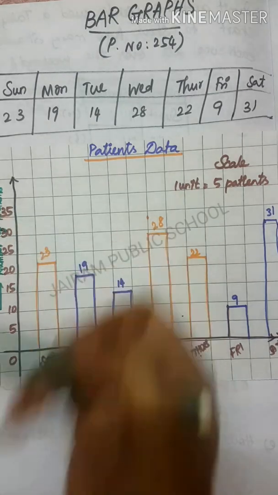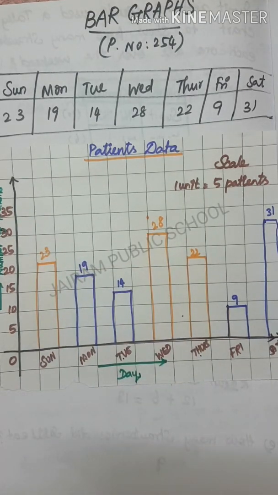After that you should give the scale units according to the question. You can take 0, 2, 4, 6 etc. or 5, 10, 15 etc., whatever it is according to the question.